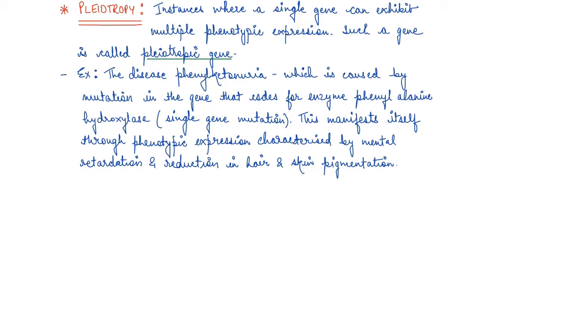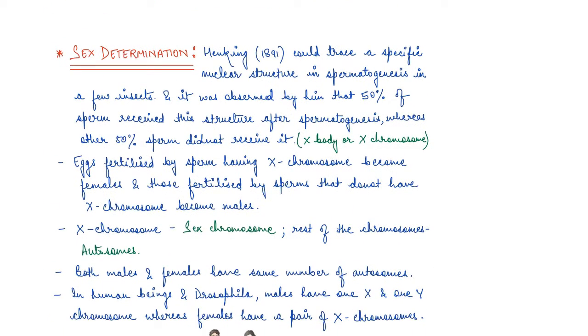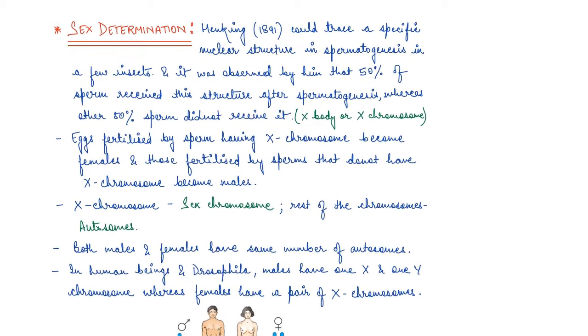Now the third topic that we are going to discuss is sex determination, right? The mechanism of sex determination has always been very complex. The initial clue about the genetic or chromosomal mechanism of sex determination can be traced back to 1891, when a scientist named Henking traced a specific nuclear structure all through spermatogenesis in a few insects.